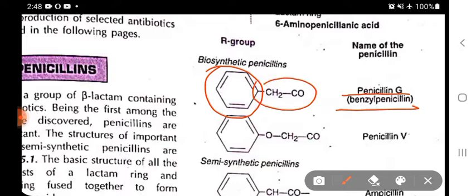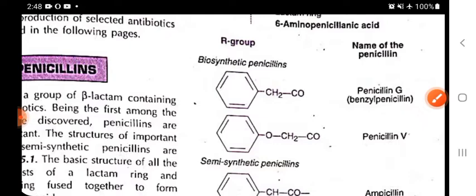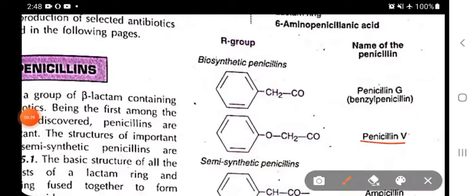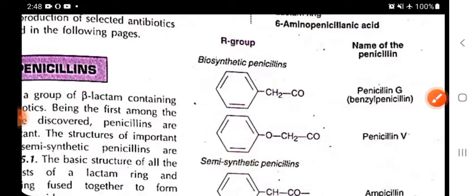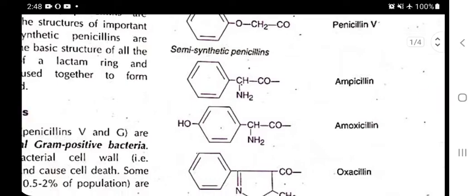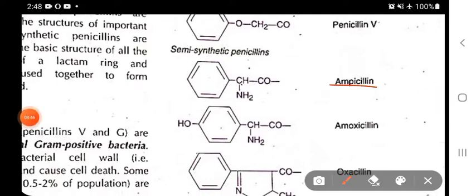You can see here. Another biosynthetic penicillin is penicillin V, having this group present in the R group of 6-amino penicillinic acid. Some semi-synthetic penicillins, as we know, include ampicillin. This is the R group which is present in the ampicillin structure.